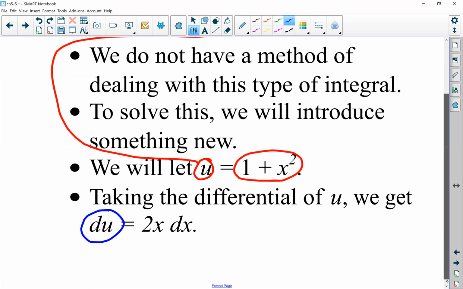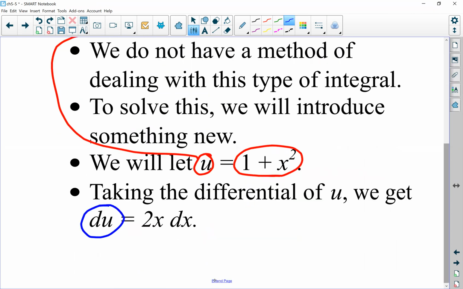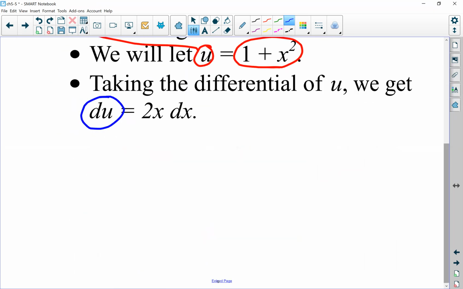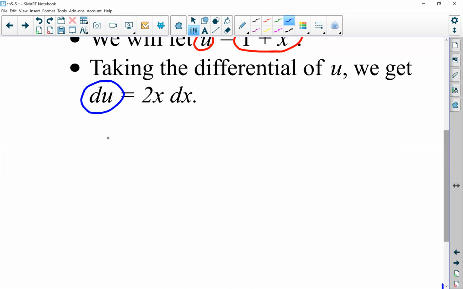So what we're going to end up with is the integral of u to the 1/2 du. Something that we can handle pretty easily.